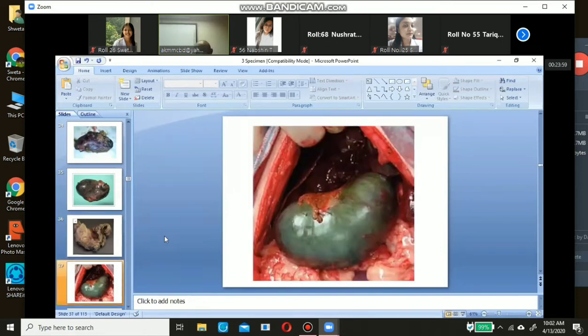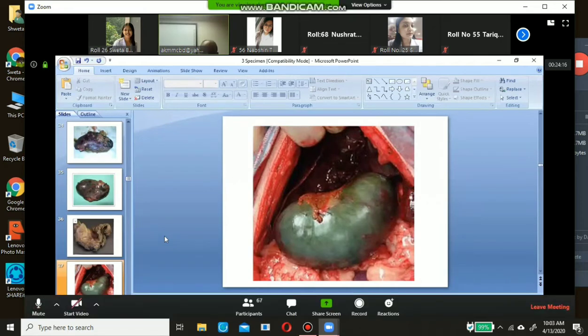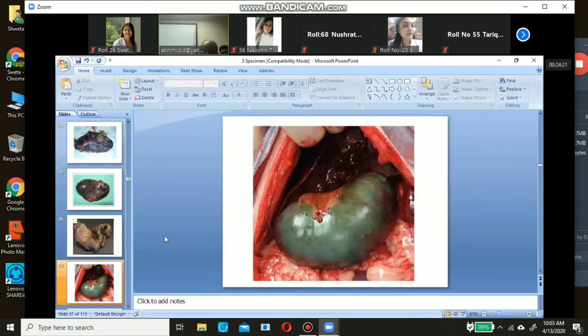And now come to this specimen. What do you see? How is the gallbladder wall? Do you think it is thickened? It looks very thin. Actually, the wall is thin, and we can see the bile.